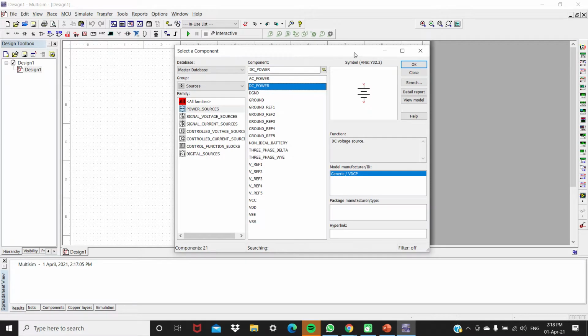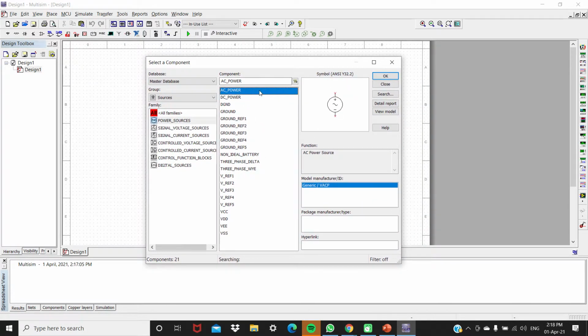Let me hold that. Guys, do you understand the difference between AC power and DC power? No? Okay. Be careful when you want to put in the sources. AC power is for alternating current, and DC power is for direct current.